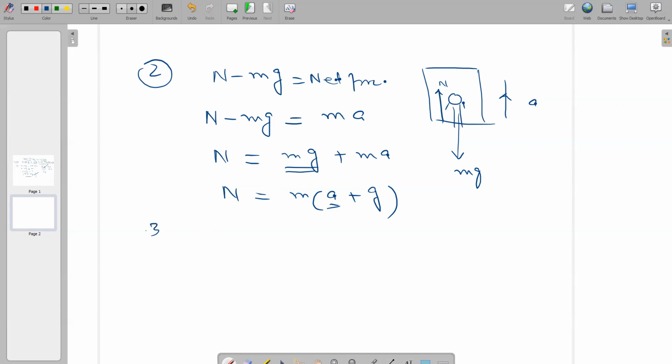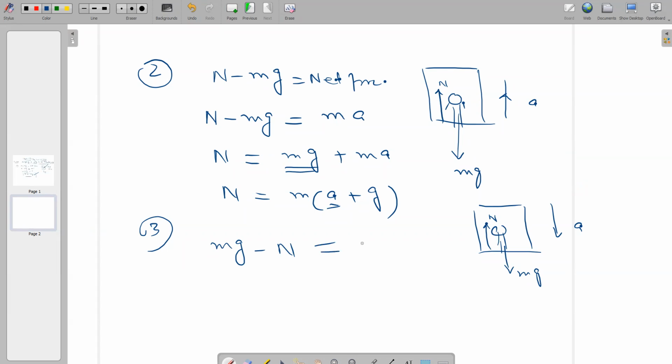In the third case, now the elevator is moving down. Suppose it is on the third floor or the fourth floor, and the person is standing here and we are moving down. This is the mg, and this is the normal reaction, the same. But what will be the equation of motion? It will be mg minus N is equal to net force, meaning ma.